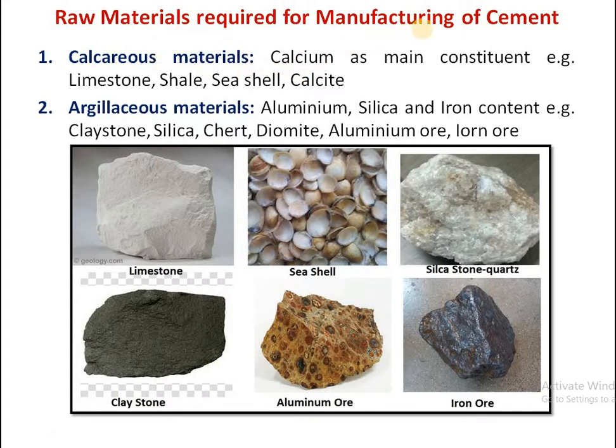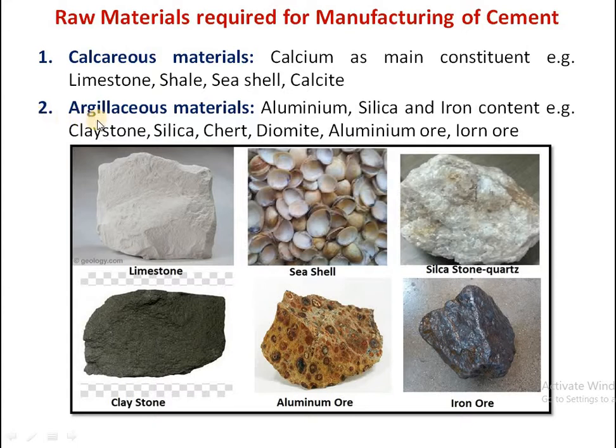These materials are nothing but limestone, shale, sea shale and calcite. Here are some photographs. Limestone, which is white in color, has a maximum amount of calcium. And some sea shales, here also there is an abundant amount of calcium. So these are the calcareous materials which are useful to manufacture cement.